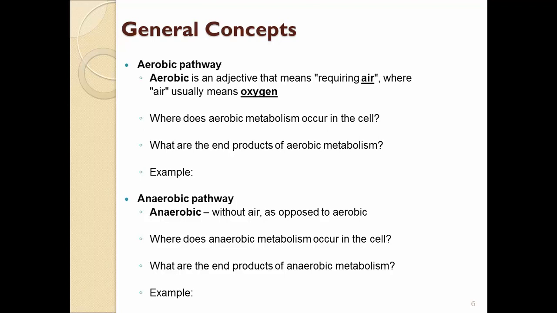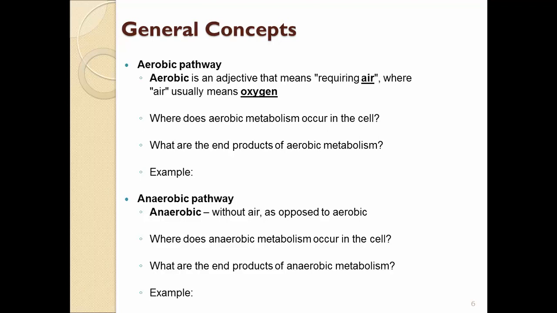So anaerobic pathway means this metabolic pathway does not require oxygen, and can even occur without oxygen. Okay, and it also means that this anaerobic metabolism does not need mitochondria, right?